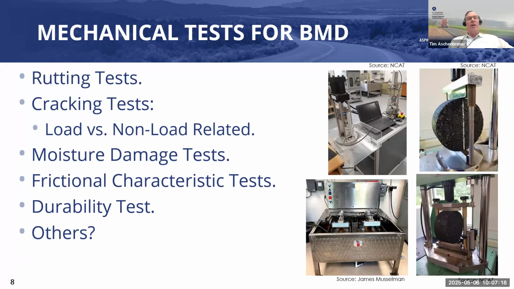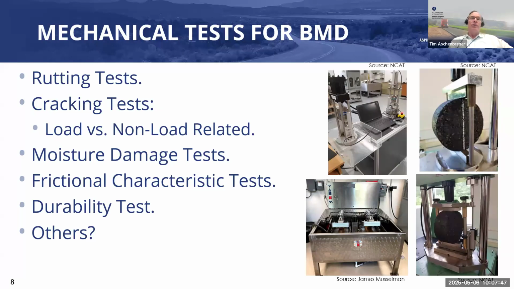Those cracking tests we're commonly seeing implemented around the country are things like the IDEAL-CT, the IDEAL cracking test. And then there's others like the Illinois Flexibility Index test, the semicircular bend. And if you get into the non-load related tests like thermal cracking, we're seeing the disc-shaped compact tension. So a lot of choices there to make sure you pick the type of test that most meets the distress you're looking at.